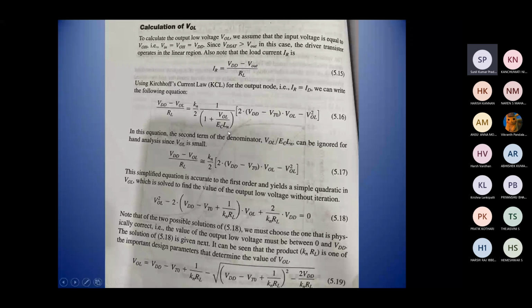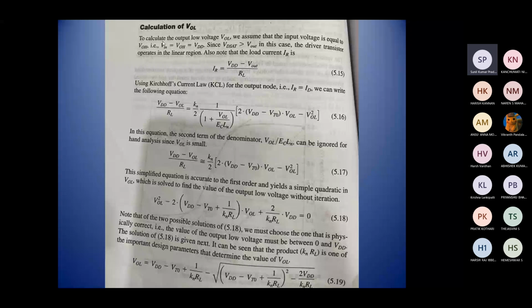Now VDD minus VOL divided by RL is equal to K divided by 2 into 2 times VDD minus VT0 times VOL, minus VOL square. If we simplify this equation, it is accurate for the first order, and it is a simple quadratic in VOL, which can be solved to find the value of the output low voltage without iteration.